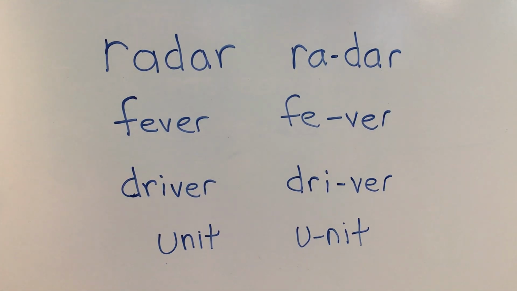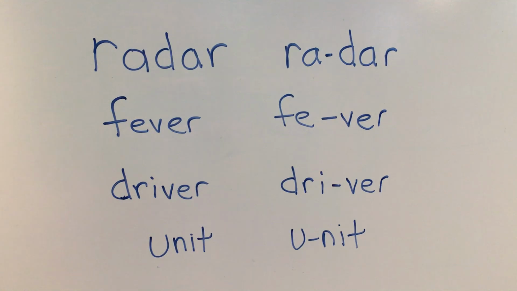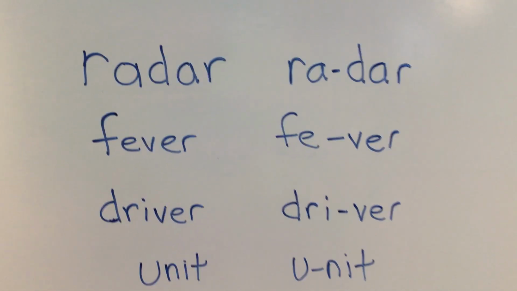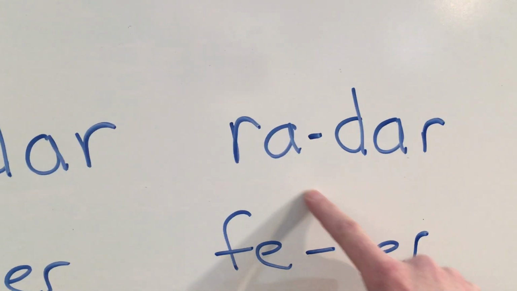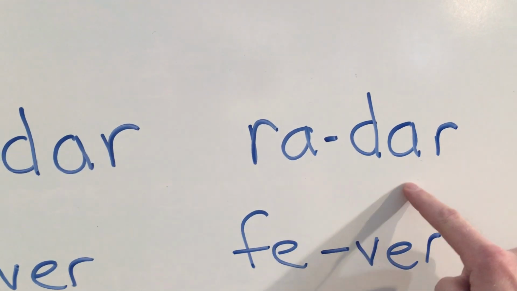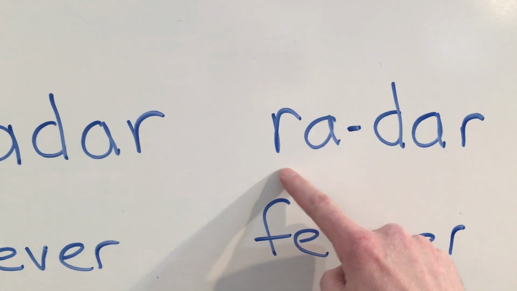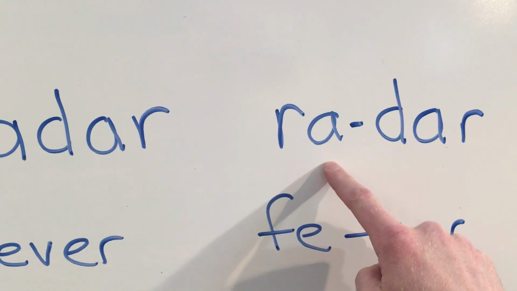So look at the top one, radar, ray-dar. I've already split it up into the syllables. If you look over here, we have two. We have an A here and another A there. Two syllables, ray-dar. If you look at the first syllable, we hear at the end of it the long A sound.